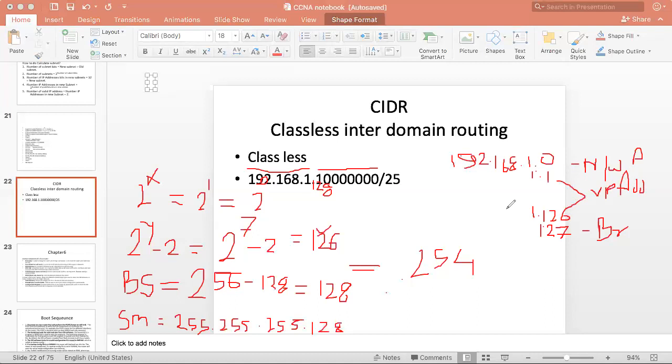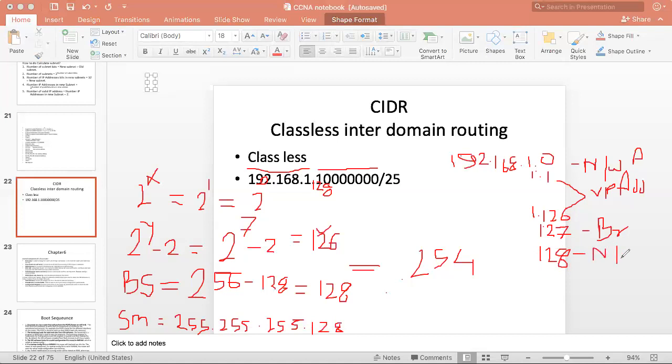Now the second network. The second network will start immediately from where? After 127, what is there? 128. So the second network starts at 128. This first IP of the second block becomes the network address.